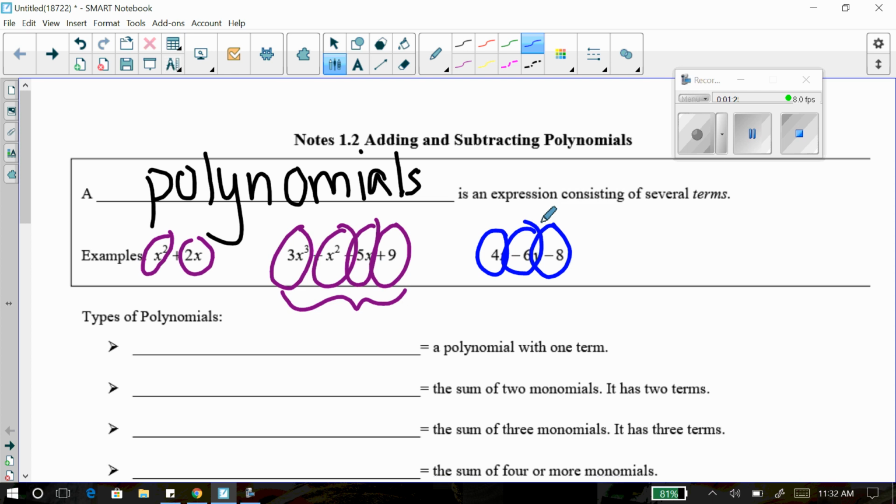So if you remember, a polynomial with just one term, something like this, again, you don't have to write this in your notes, just watch. That's called a monomial. It has one term. On the line, I do want you to type in monomial.